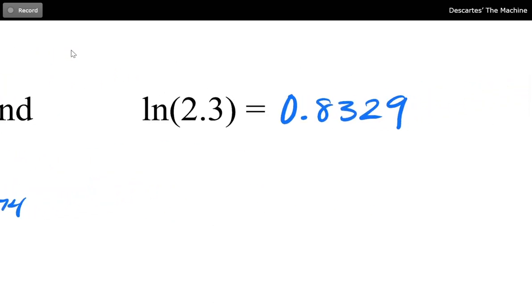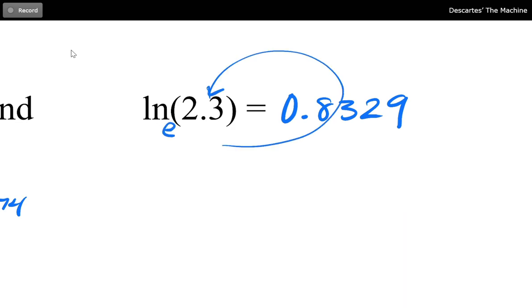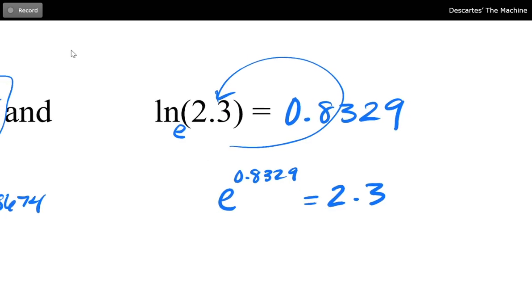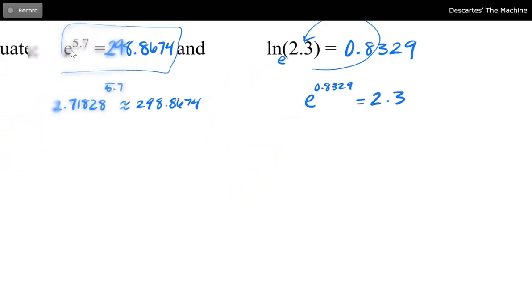What's the base here? The base here is e. And so if I do the log loop, what this means is e to the 0.8329 is approximately equal to 2.3, because we're doing decimal approximations. Okay, so natural log means log base e.